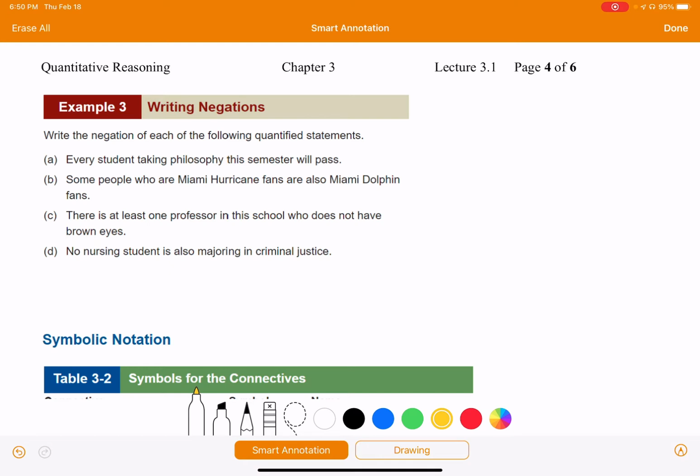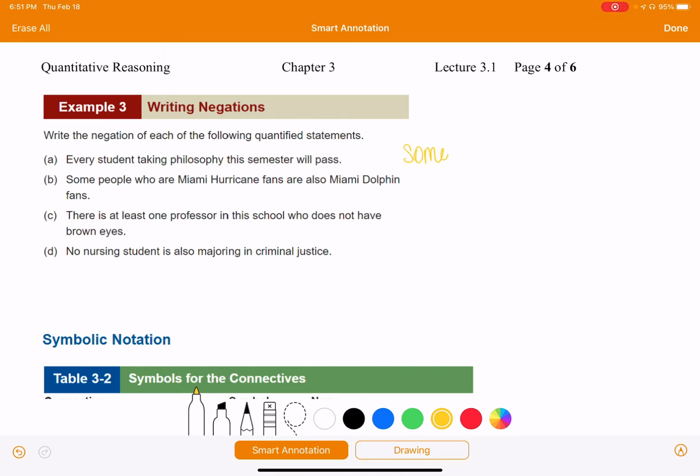Example 3 says every student taking philosophy this semester will pass. If we're starting with every, we're thinking all, so we can negate that by saying some will not.